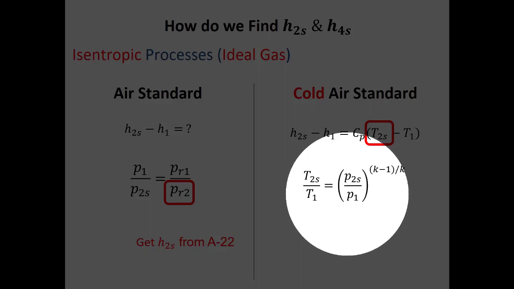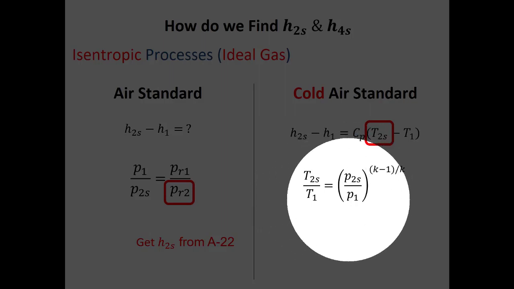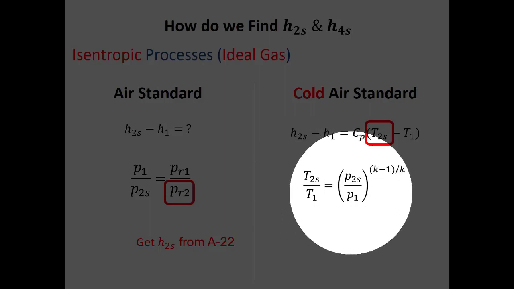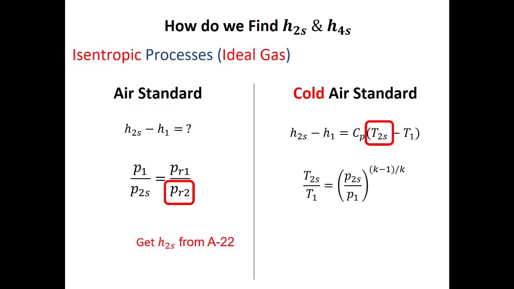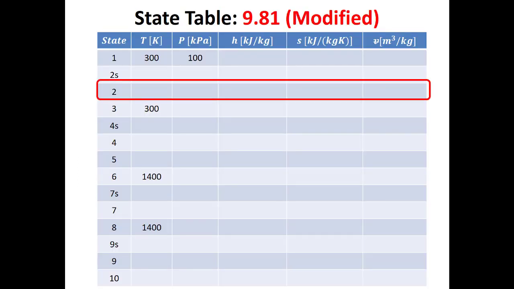This is the one that I'll usually use when I'm doing open systems. In this case, I know T1, I know this compressor pressure ratio, I don't know T2s. So I can put this information into my calculator and find T2s, knowing that K for air is 1.4. Or if I didn't know that, I could look up Cp and Cv and find K as Cp divided by Cv. So now I know state 2s.